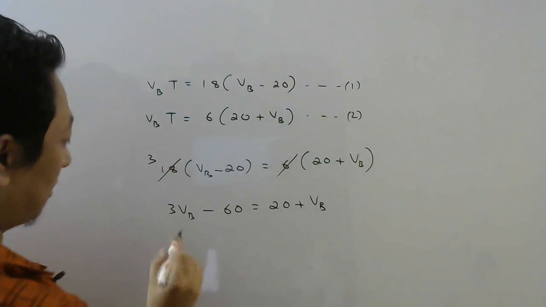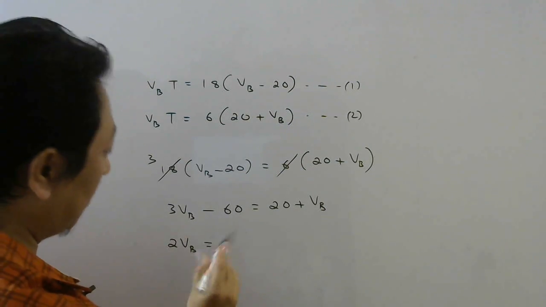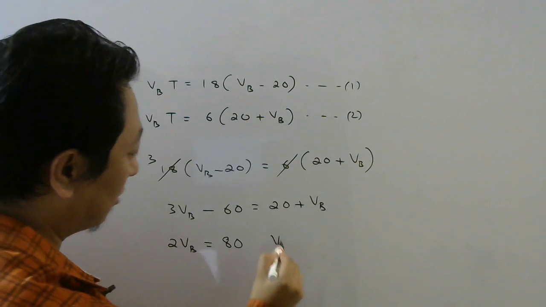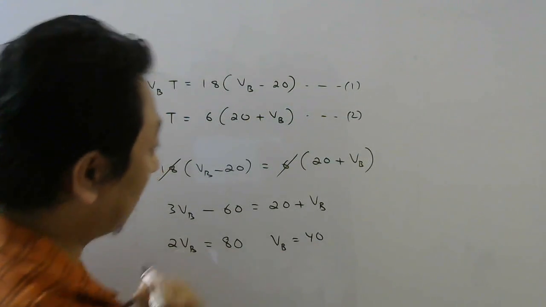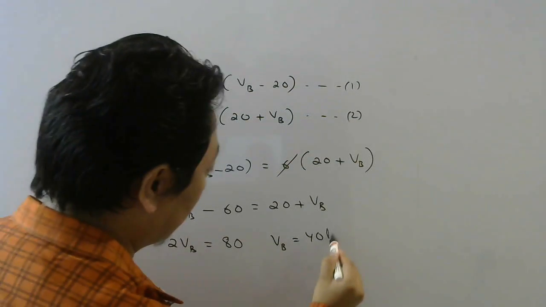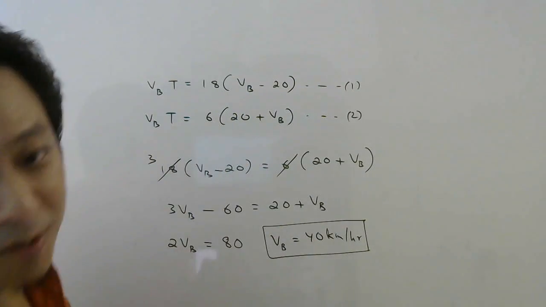If I bring this VB this side, I will get 2 VB because 3 VB minus VB will be 2 VB. And minus 60 will go that side, plus 60 which will give you 80. So VB will be 40. And remember, this 20 was in kilometer per hour, so therefore this VB also will be in kilometer per hour. So that is the speed of the bus.